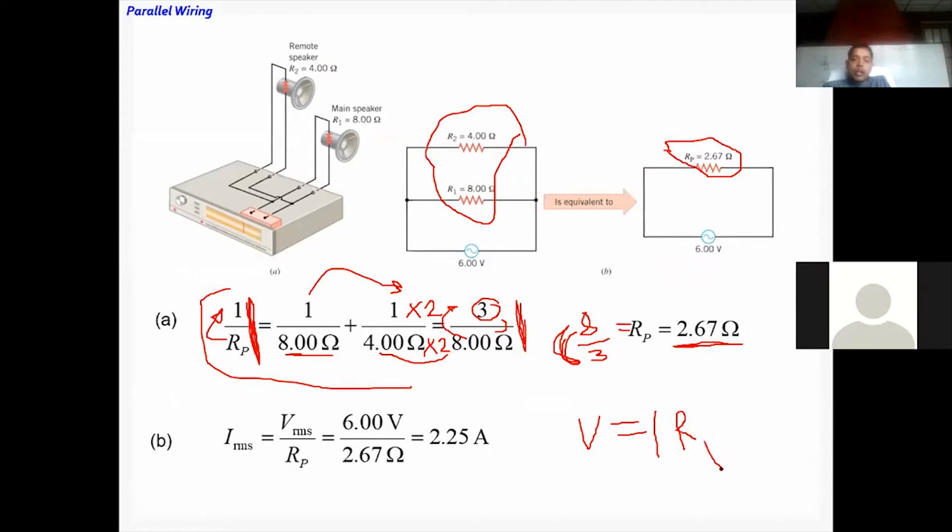So how do you find I? Divide both sides by RP. So V over RP is I. V is 6, given right here. That's your V. Then RP is 2.67, that's what we figured. Then you divide 6 by 2.67, which is about 2.27 amps.